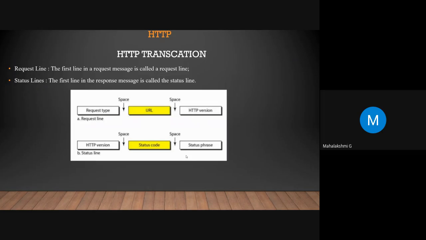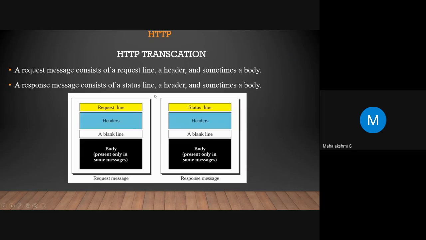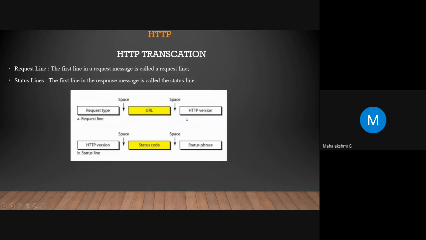So the first line in the request message is called the request line, as I have shown in your previous figure. The first line in the request message is the request line and in the response message it is the status line. Now we are going to see about it. In both the request line and status line we have one common field, which we call the HTTP version, which I have shown you in the figure.